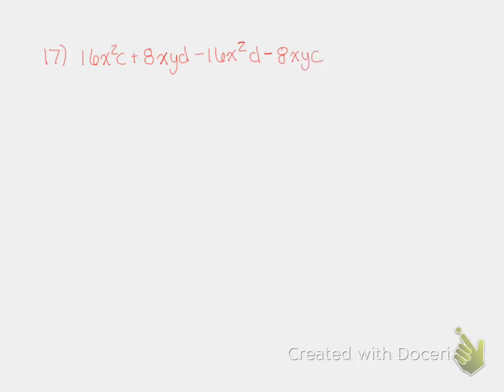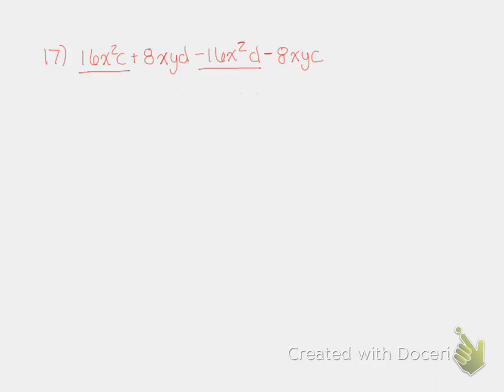Okay, here's where you gotta be creative. Grouping the first two and the last two obviously didn't work. Okay, so if you look at this polynomial, what would be good to group with the 16x squared c? And I hope you would say the 16x squared d.